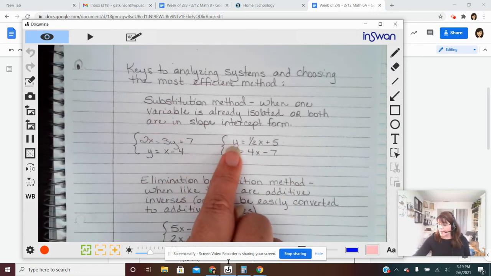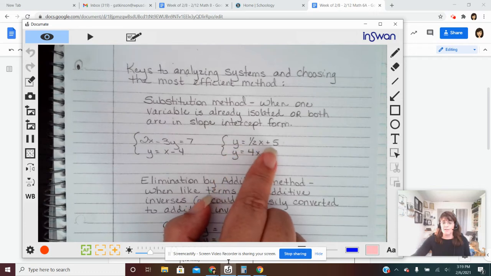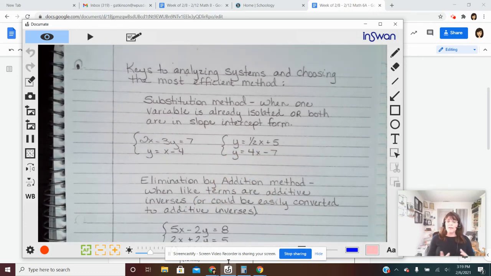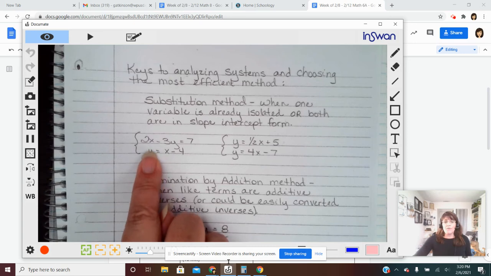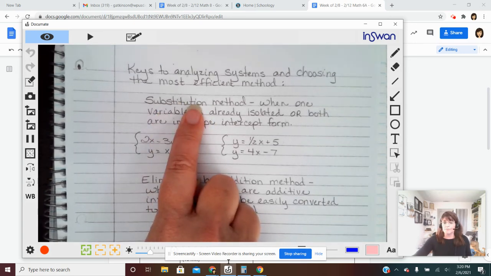In here, we have both y's isolated. They're already in slope-intercept form, y equals mx plus b. And you have many examples in your notebook, I hope, that follow that. But this puts it all on one page. If you already have one variable isolated, you can substitute.